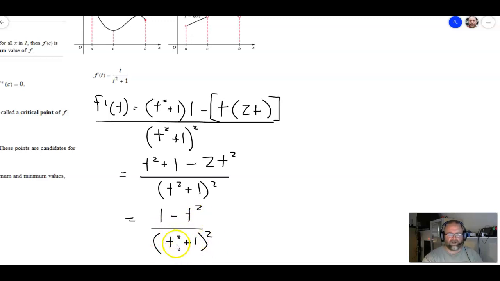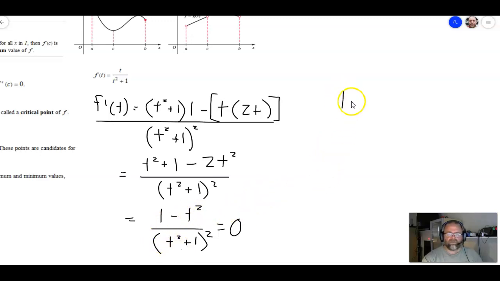So let's see where it's equal to 0 instead of undefined. If we set this equal to 0, this fraction is going to be 0 whenever the top is 0 and the bottom is non-zero. We've already figured out that there's no values that'll make the bottom 0, so we can just concentrate on the top.